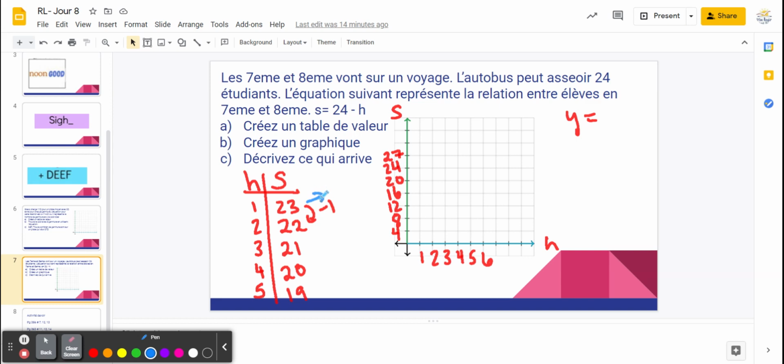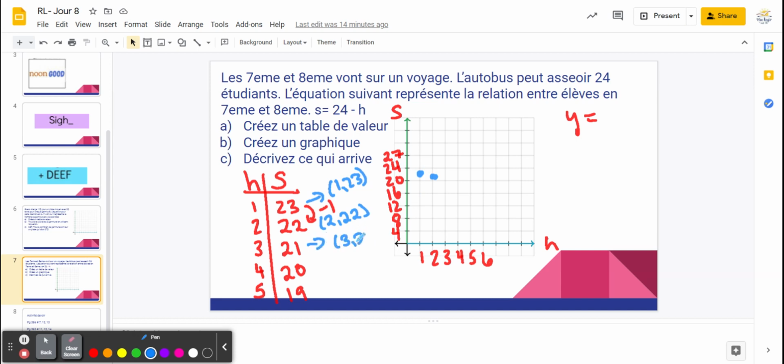So the first point here is the point (1, 23). So I find 1 and then I go up, and that's going to be close to 24, so I'll put the point there. The next point is (2, 22). So 2, and I'll go up. 22 is going to be about right in the middle between these 2 points.